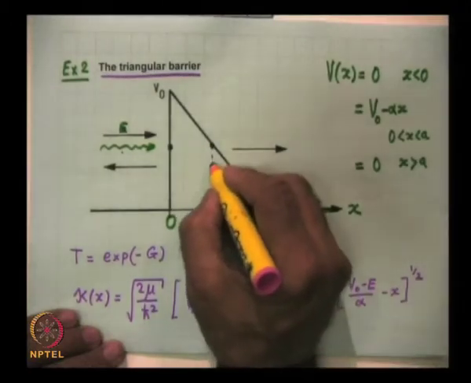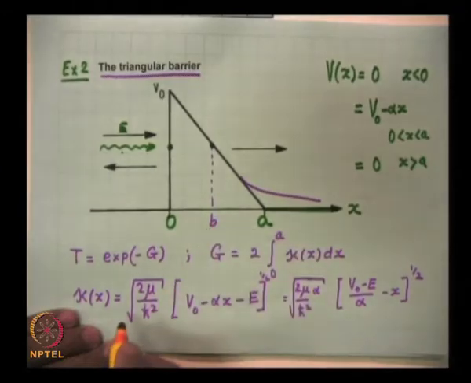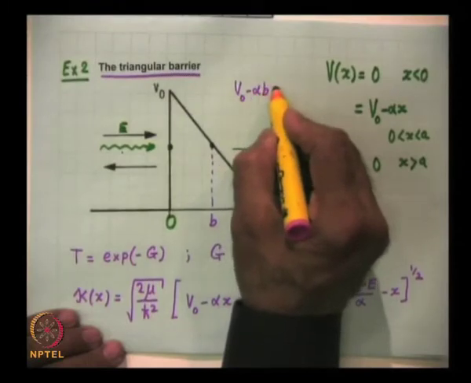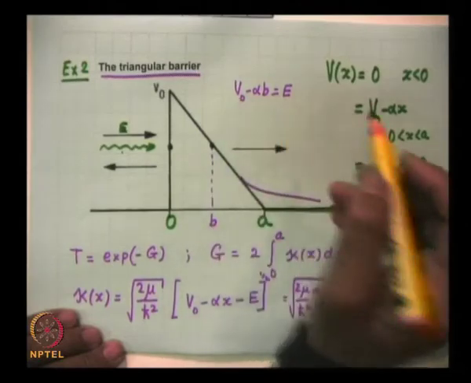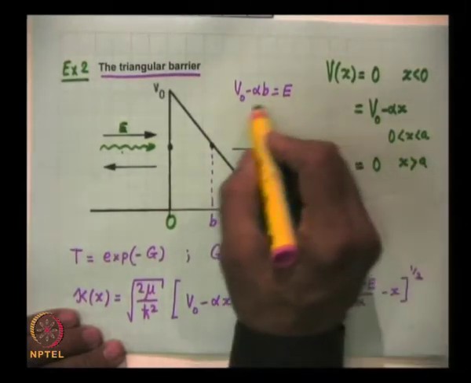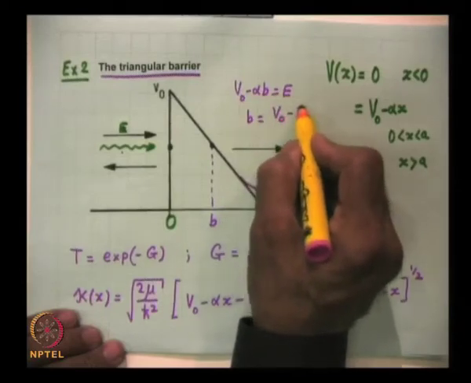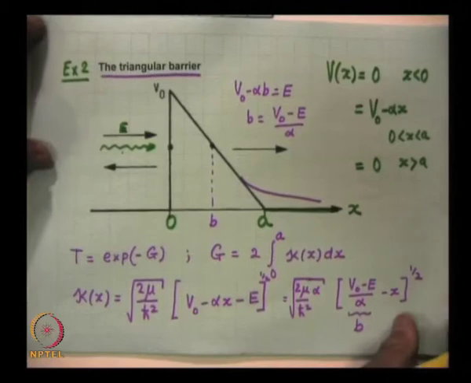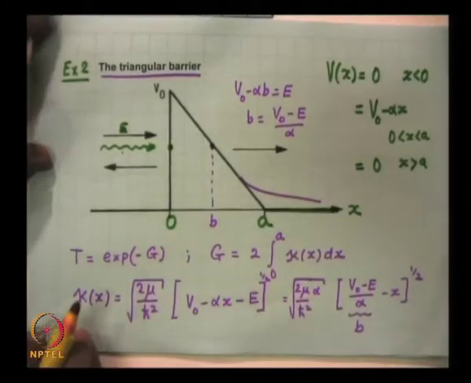So, this is the value of the turning point. If this is the turning point b, then V0 minus alpha b must be equal to E. So, b is equal to V0 minus E divided by alpha. This quantity is my turning point, the value of x at which the second turning point occurs.